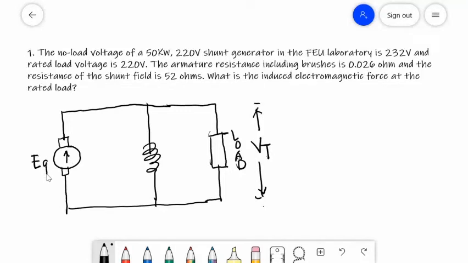It's your EG, plus minus. The direction of current is upward. So this is your IA, and we have an internal resistance RA equal to 0.026 ohm, including brushes. So your ISH downward, and your load IL. Value of RSH is equal to 52 ohms.